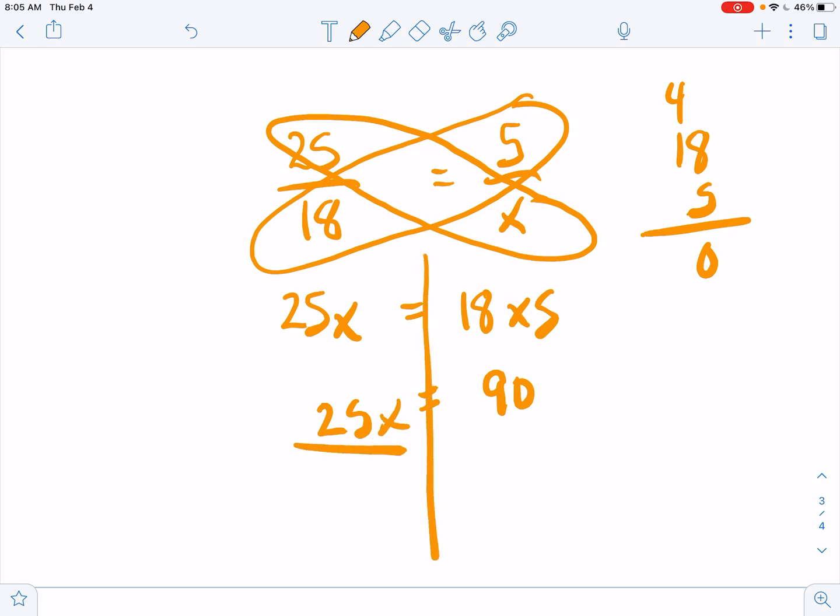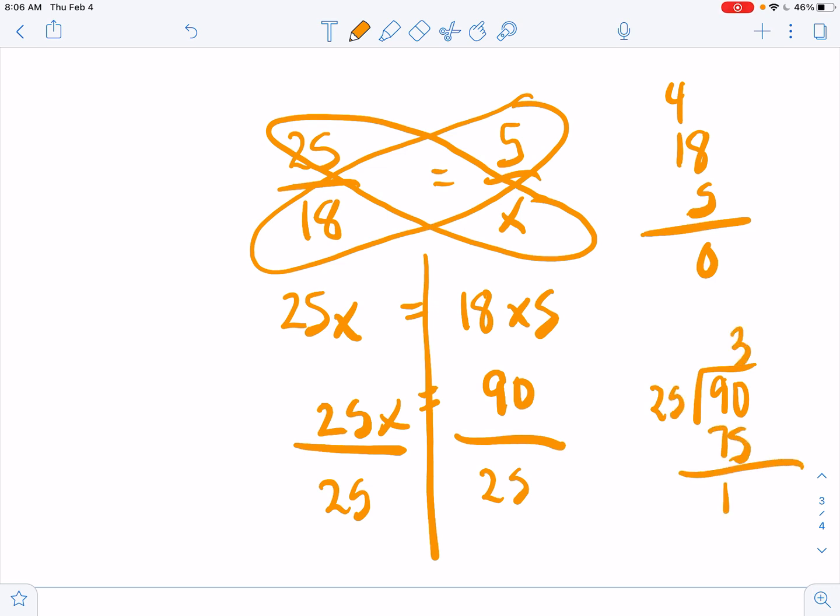We're going to solve our equation. 90 divided by 25 would be 75, 15. Add your decimal, bring it up, bring your 0 down. And again, you're going to get 3.6 centimeters.